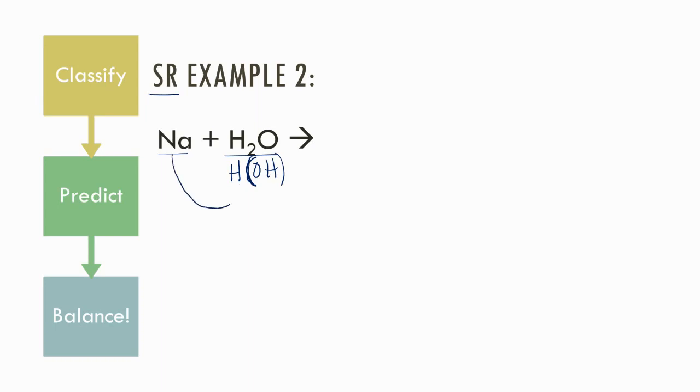Sodium is going to take the place of this cation hydrogen, and it's going to be bonded to the anion hydroxide. Then hydrogen gets kicked out on its own. So my products are essentially, if I were to write them in words, right, are going to be sodium hydroxide and hydrogen. So let's translate those to the appropriate formulas.